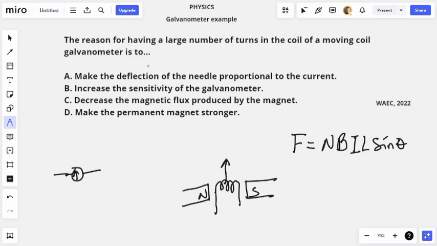That means the slightest current passing through the galvanometer will cause a deflection. So increasing the number of turns increases the sensitivity of the galvanometer. Even the smallest possible current will cause a deflection because there is a large number of turns.